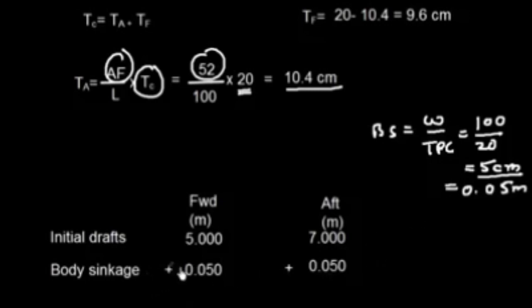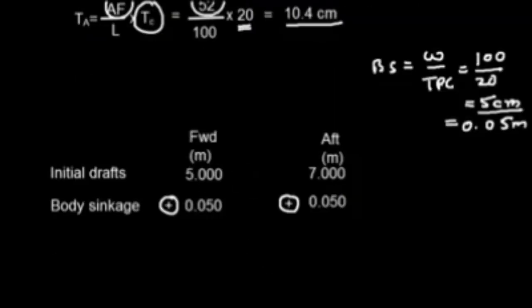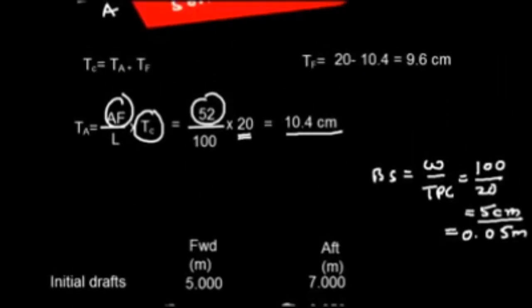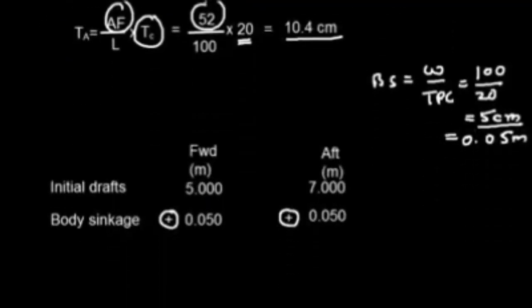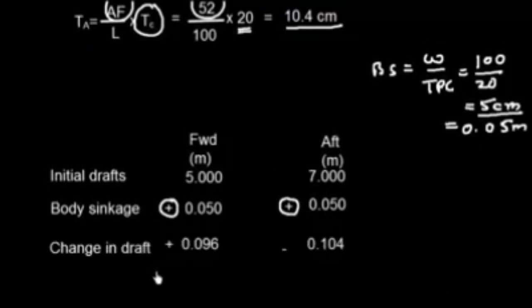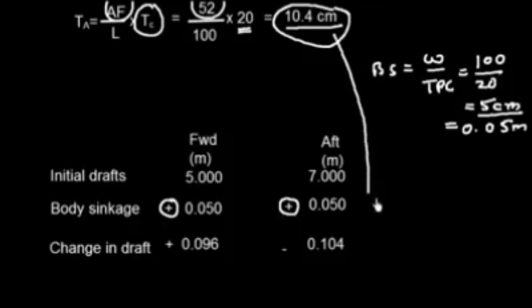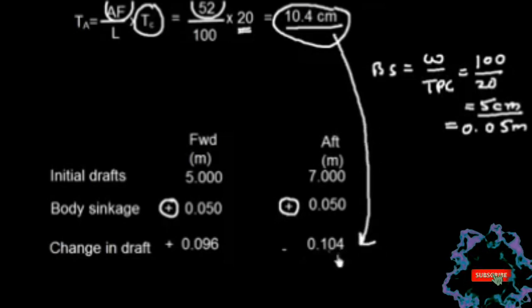So the body sinkage has to be added in both the drafts. Now let us apply the TF. TF is 9.6, and this is the change in the forward draft. So let me apply this change in draft, and the forward is 0.096 and the aft is 0.104. TA is 10.4 centimeter, or I convert this in meter, so it is 0.104.